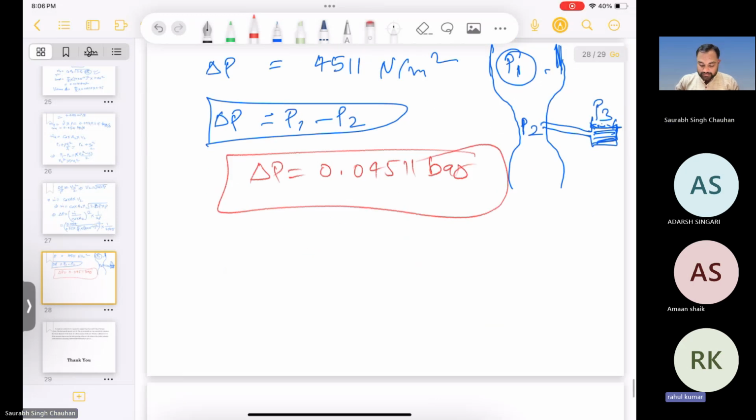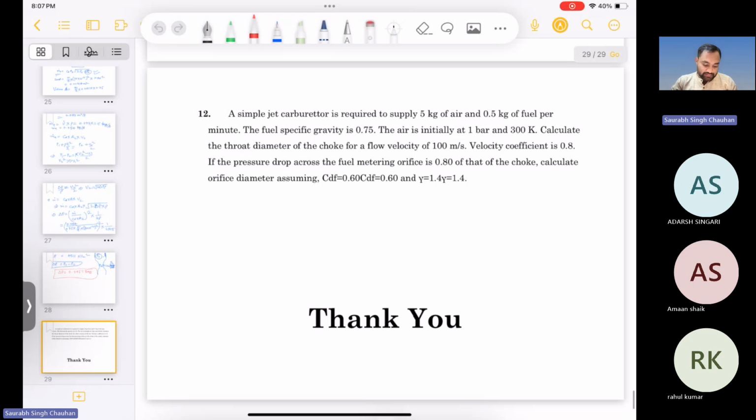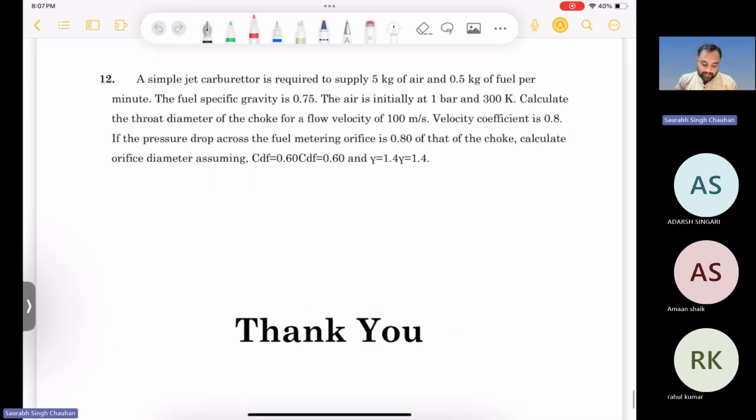Anyways, I think we are running out of time. We will just read this question. A simple jet carburetor is required to supply 5 kilogram of air and 0.5 kilogram of fuel per minute. So calorific value will be very small.